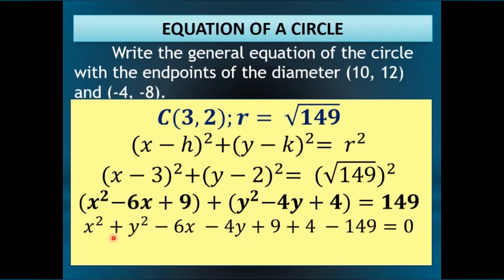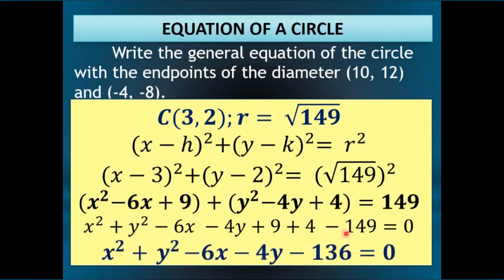So we have x squared plus y squared minus 6x minus 4y plus 9 plus 4. Since we have 149, we'll add its additive inverse, which is negative 149. So we have 9 plus 4 minus 149 equals 0. And then we simplify this. 9 plus 4 is 13, minus 149 is equal to negative 136.